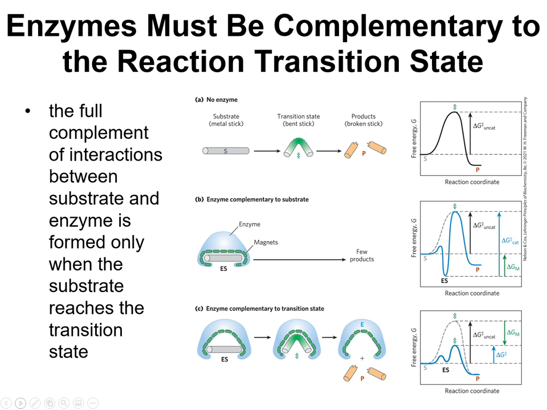In your book, there's the example of having a metal stick that you need to bend and break into two broken sticks. And that's the product. Without any enzyme, you have this really big barrier, really high activation energy.